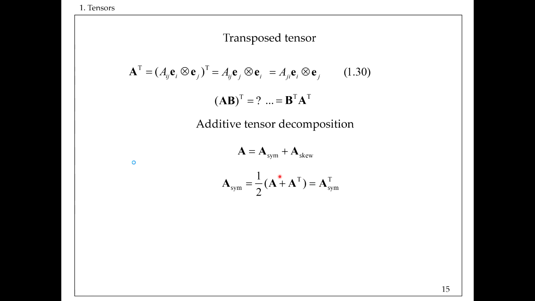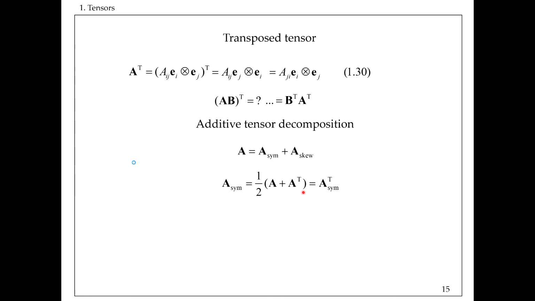If you transpose that, the transpose of the transpose just drops both transposes, and that will be A here. But here we'll have the transpose, then again A transpose plus A, but that's exactly the same as A plus A transpose, so nothing has changed, right?